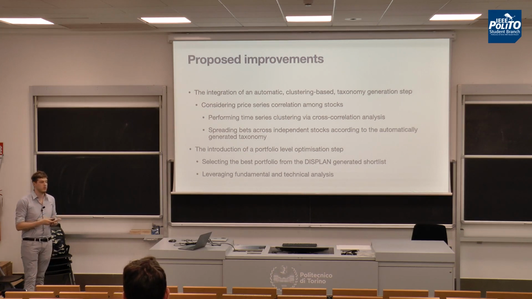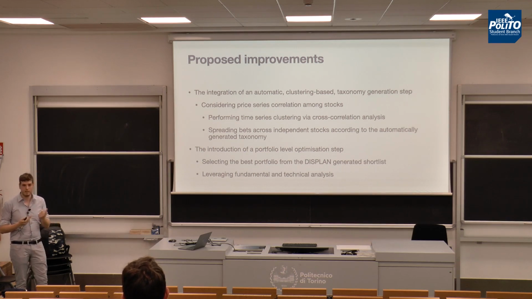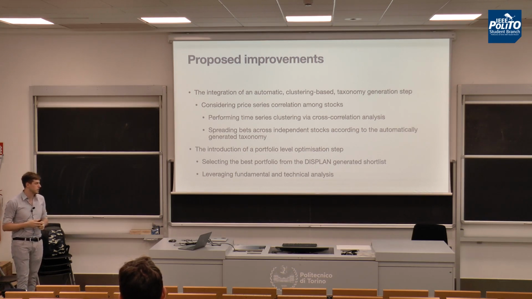Since stocks are time series, for our goals they can be represented as just one time series or a multivariate one in some cases. And since there are multiple approaches to time series clustering, why not use these approaches to build clusters and try to diversify over clusters instead of over sectors? And so this is the first improvement that we try to apply.